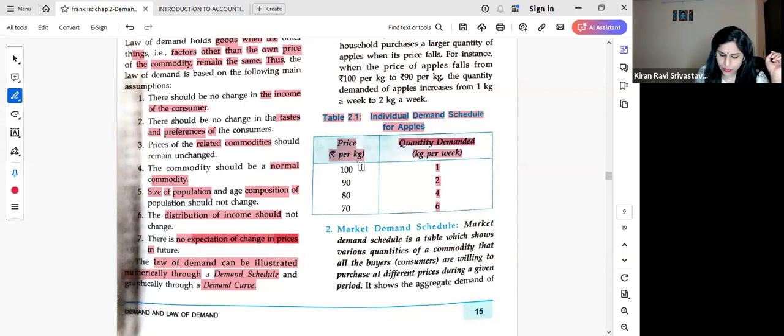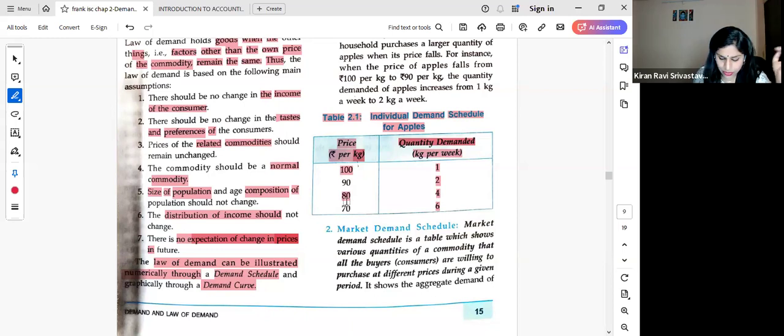So at 100 rupees per kg, 1 kg of apple is being demanded. If the price drops from 100 to 90, an individual is ready to buy 2 kgs of apple. If the price of the apple falls to 80 rupees per kg, then the individual consumer is willing to buy 4 kgs of apple.